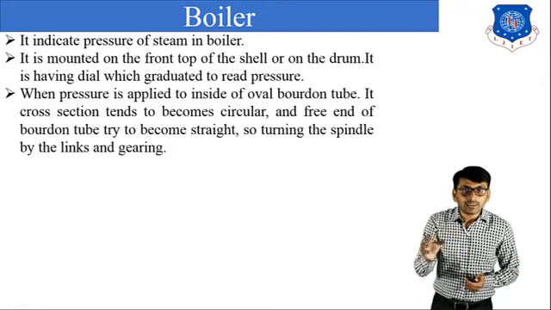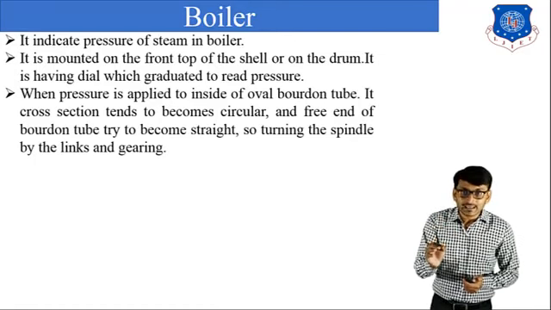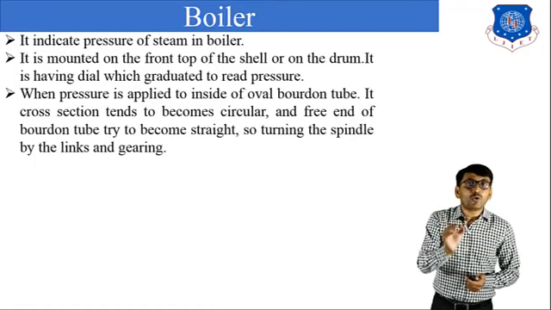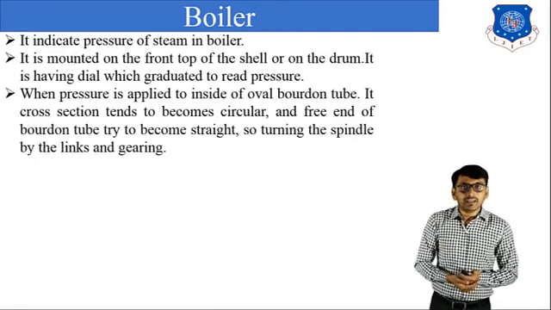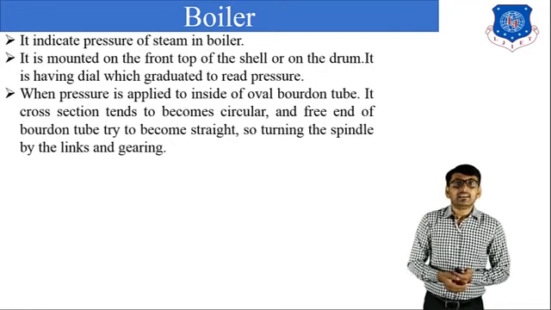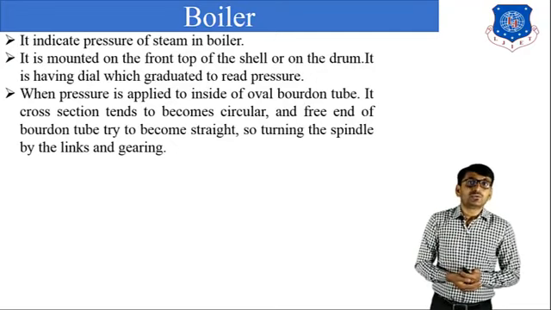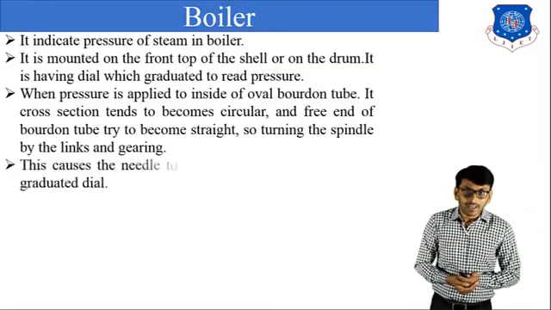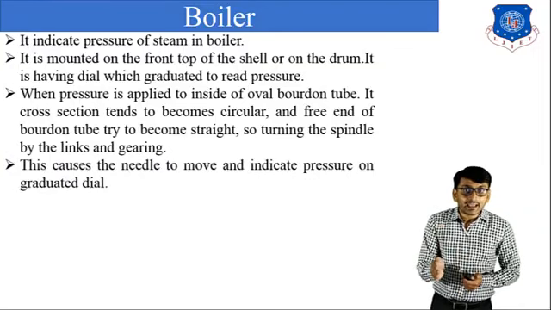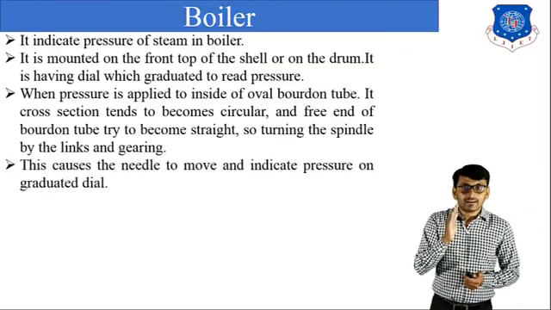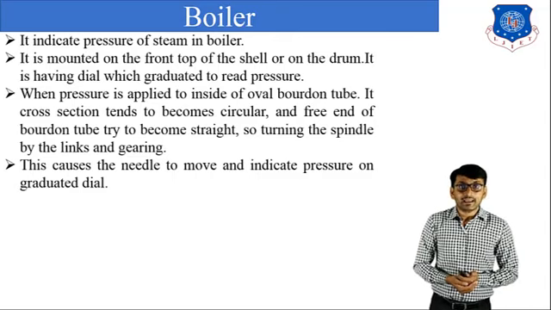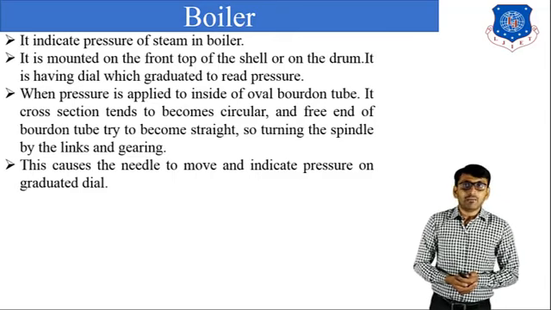It means the length of the Bourdon tube changes according to the pressure of steam, and due to this there is a change in the gears. So due to this the pointer deflects and it indicates a reading on the scale, and this reading indicates the pressure of steam. So this is about the pressure gauge.